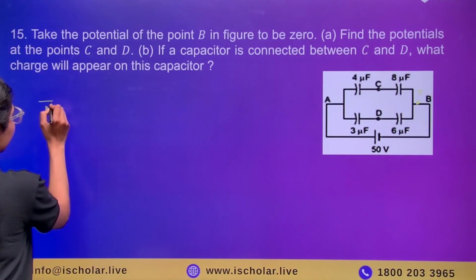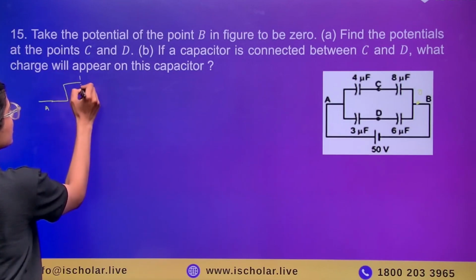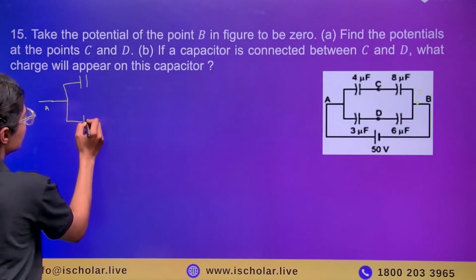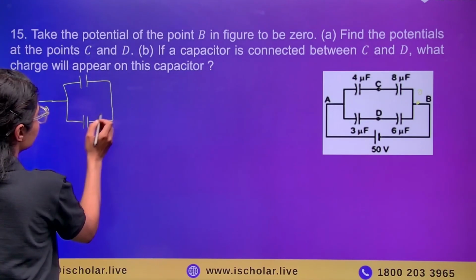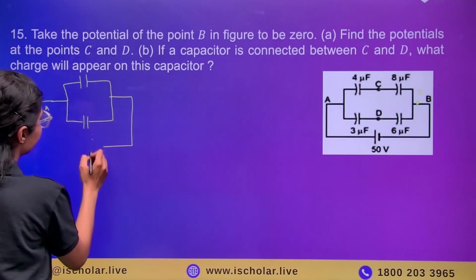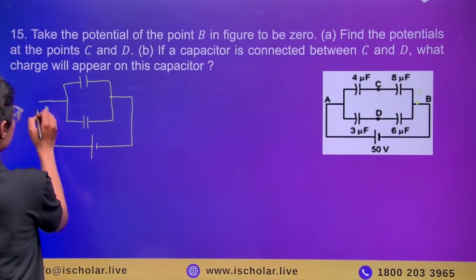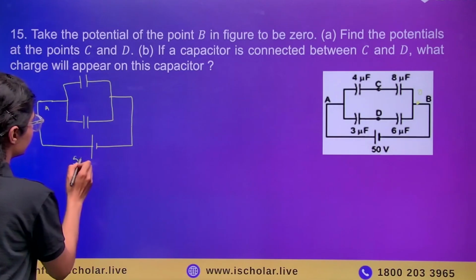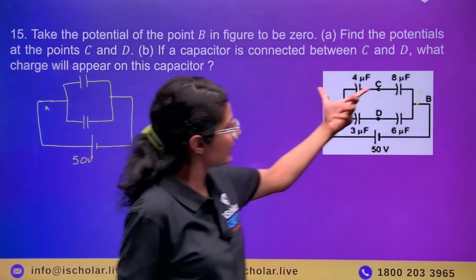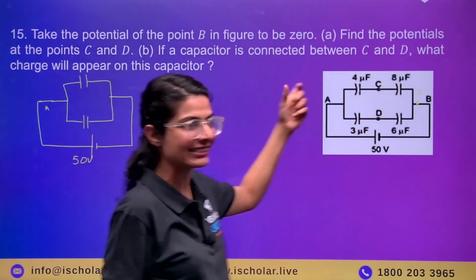This is the point A. We have 2 capacitances. This is the first capacitance, second capacitance, which are connected to 50 volt. Now tell me, students, these 2 capacitors are in series.